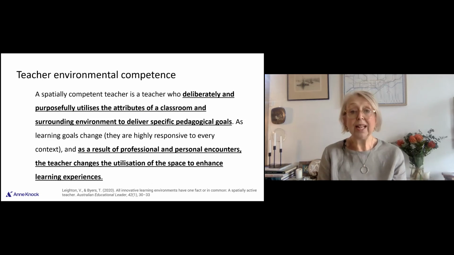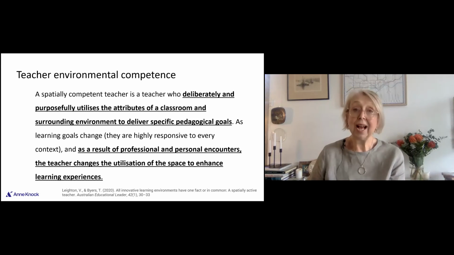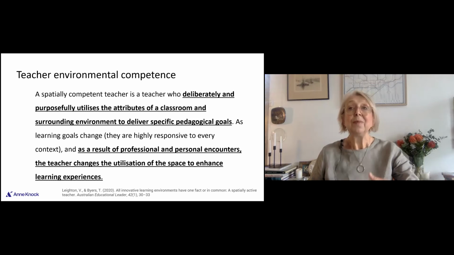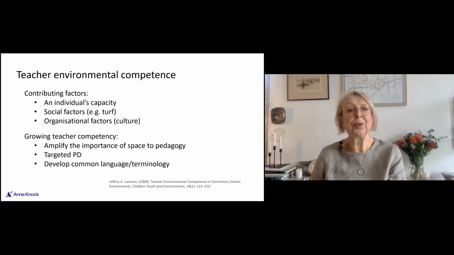Colleagues of mine at Melbourne University, Leighton and Byers, looked at this, and they saw it's deliberately and purposefully utilising the attributes of a classroom and the surrounding environment to deliver specific pedagogical goals. And as a result of professional learning encounters, the teacher changes the utilisation of the space to enhance the learning experiences. So growing our environmental competence is something we can do and need to attend to.